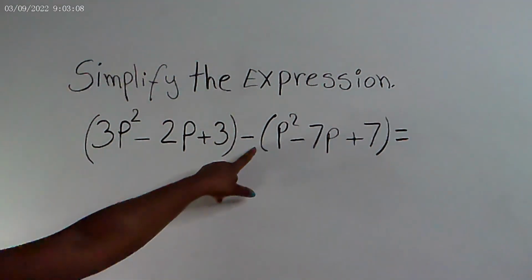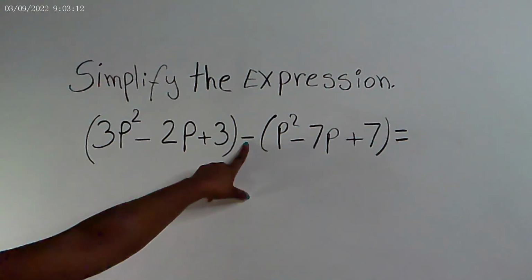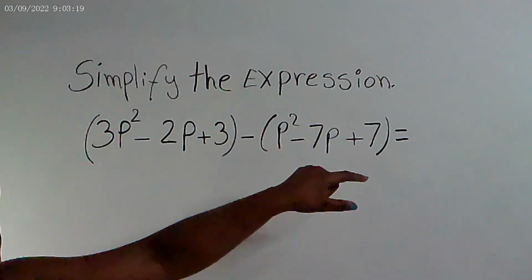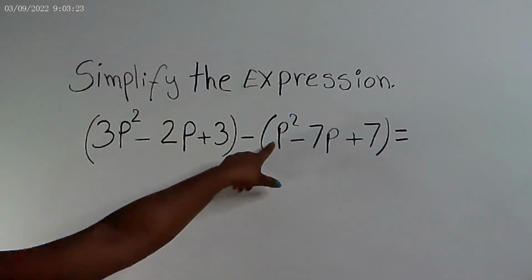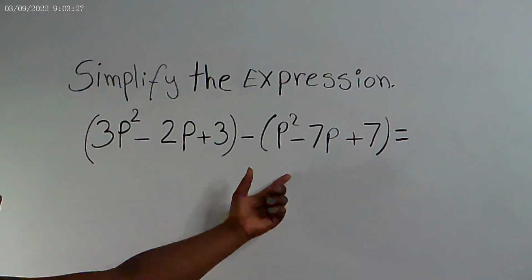On this one, that is the tricky part right here, because of the minus in front of that parenthesis, that minus will change the sign of all the numbers inside. If that one is a plus, it will change to a minus. This one was a minus, it will change to a plus.